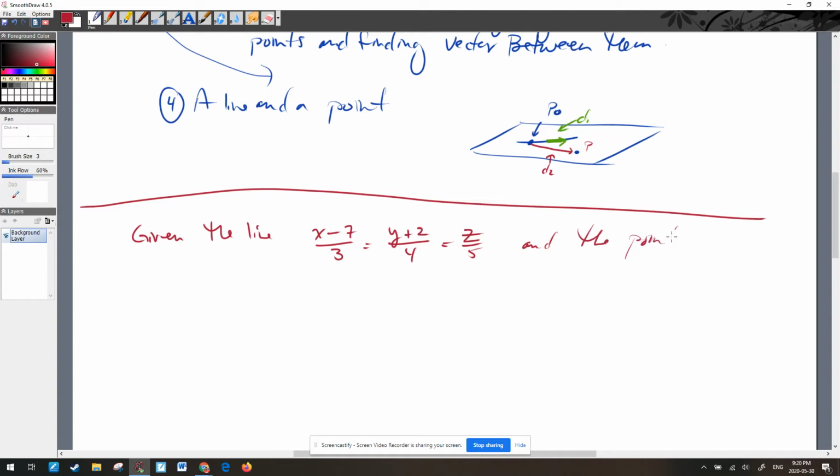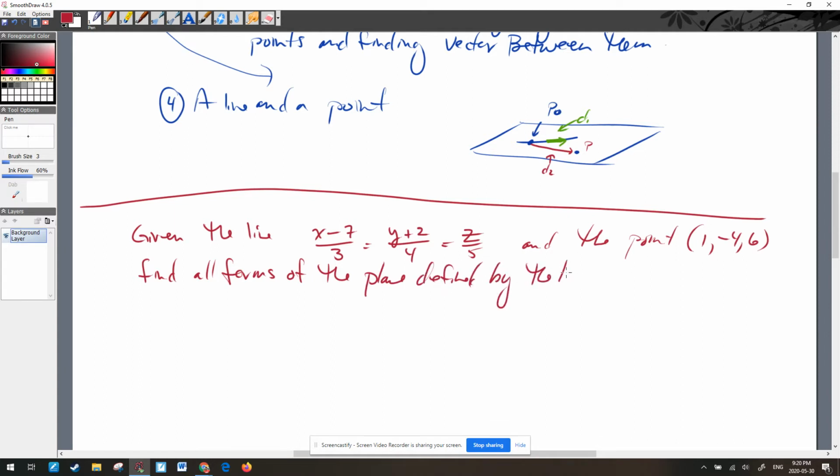And the point (1, -4, 6). I'd like you to find all forms of the plane defined by the line and point.